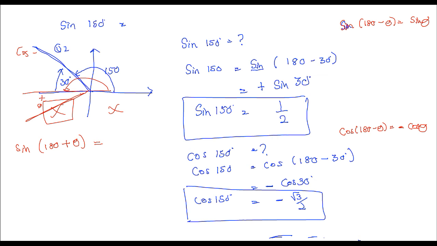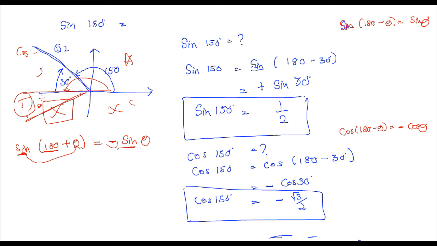If theta is between 0 to 90, then your sine would be negative sine theta. So that's the rule. You get the sign from the quadrant, then if it's associated with 180, you write sine theta, basically the same trig ratio.